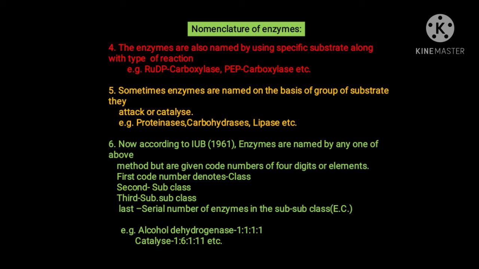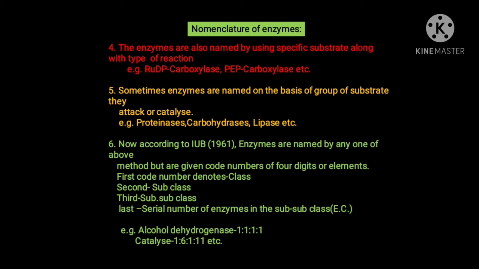The fifth way, which is also utilized for the nomenclature of enzymes, is that sometimes enzymes are named on the basis of the group of substrate they attack or catalyze. For example, proteinases act on protein, carbohydrases act on carbohydrates, lipases act on lipid.